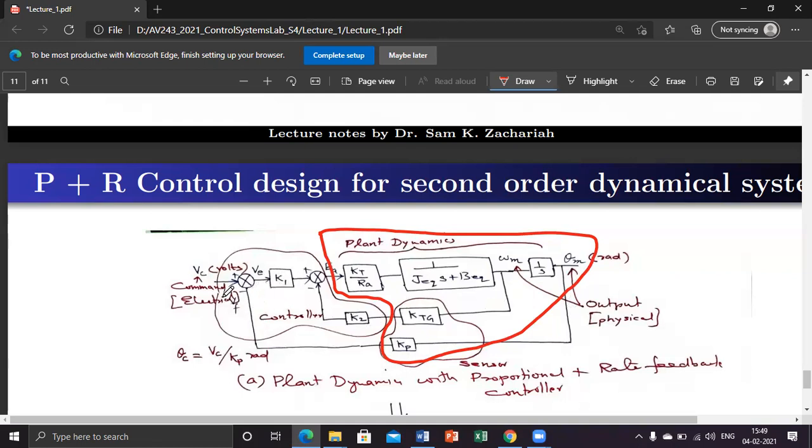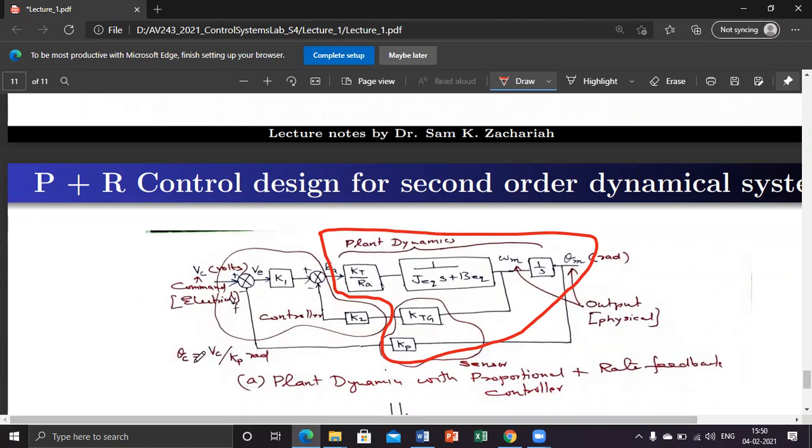And in addition to that, there is an external command, and external command is with respect to the output deflection. That's why we mix them together and multiply by K1. So this structure is known as 2-degree of freedom control, because you are manipulating two independent variables and feeding back.